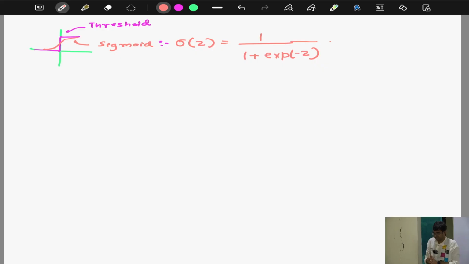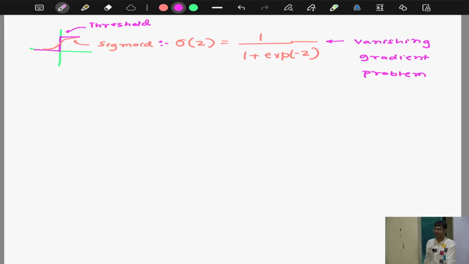Sigmoid was a close approximation of this threshold, but however, it has the vanishing gradient problem.